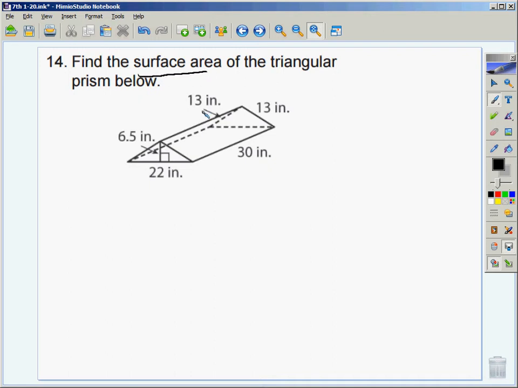Number 14, they're asking me for surface area. So I write down the formula. What do I identify next? The height. What is the height? The height is 30.